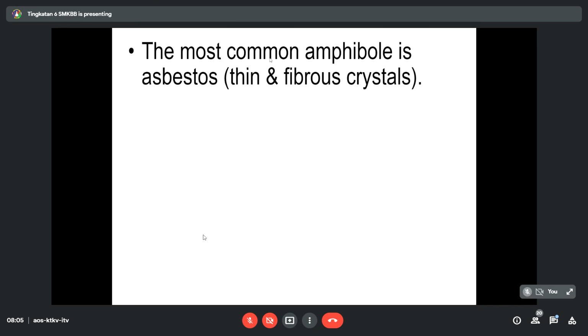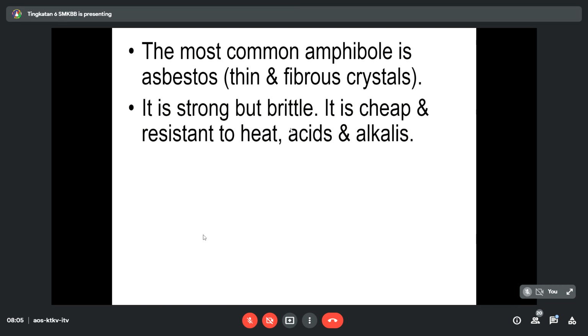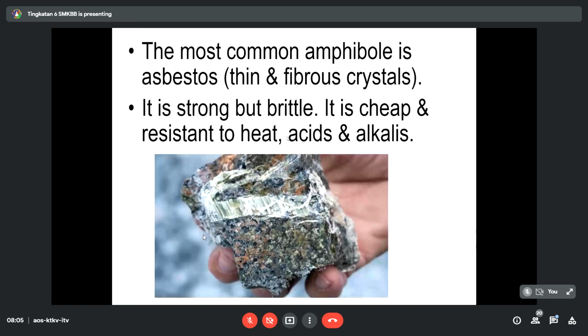Okay, the most common amphibole will be asbestos. Okay, it is strong but brittle. Hard but brittle. Of course, it's cheap and has resistance to heat, resistance to acid, and also alkalis. Like that. So that is asbestos, a type of amphibole, double chain.